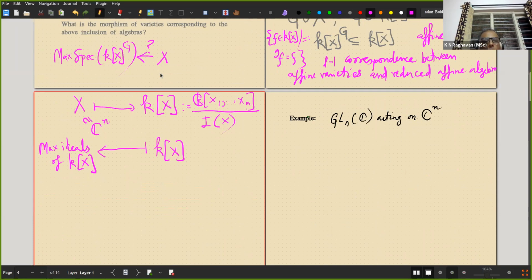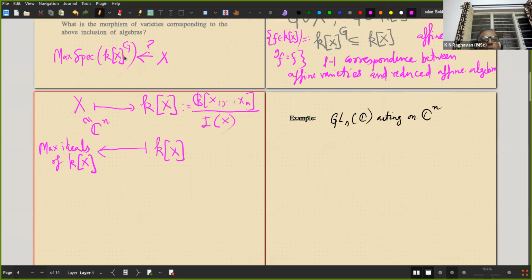Now, this is an affine algebra, and on an affine variety, if you have two points, you can always find a function which is 1 at one and 0 at the other. That is one of the differences between affine and projective varieties: on affine varieties there are lots of regular functions, so you can separate points. Given two distinct points, there is a function which takes value 1 on one point and 0 on the other.